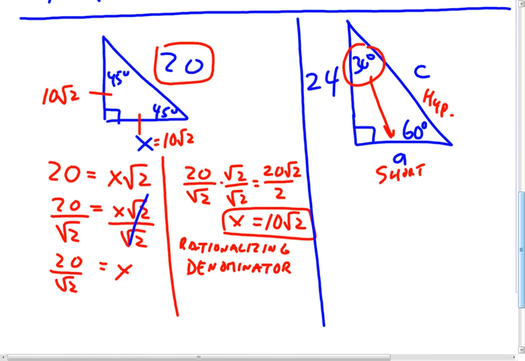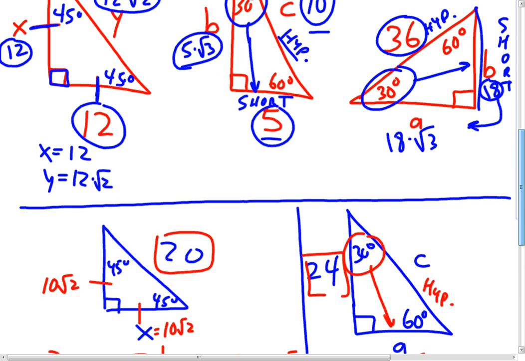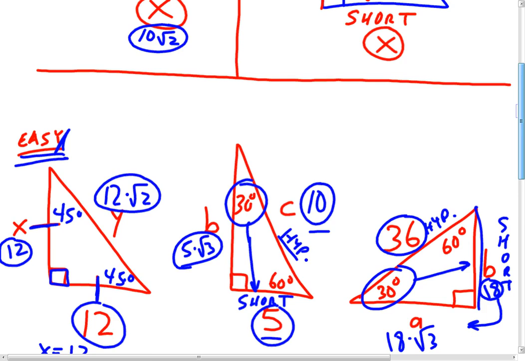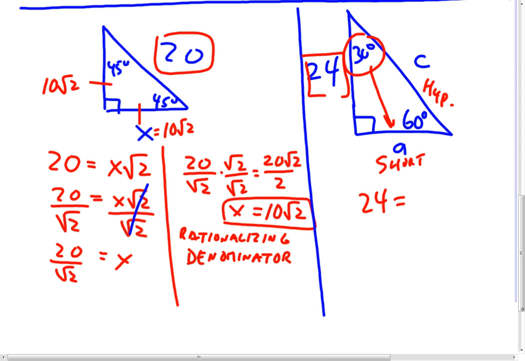We're going to take 24 and make it equal to the pattern. What's in that spot in the pattern? X radical 3. I make it equal to that. If it's in the same spot, it must be equal to it. You do exactly what you did over here, but what radical are we using this time?